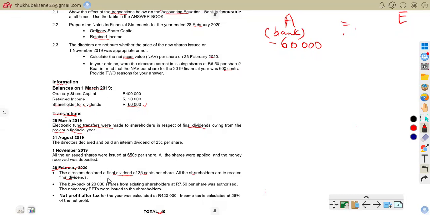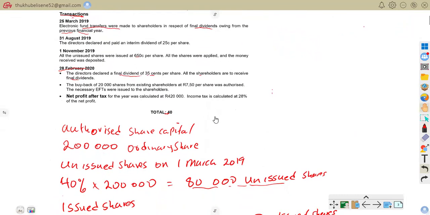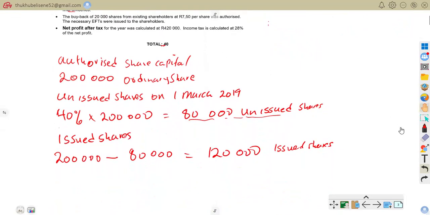So what we are trying to say here on our calculation is that the final dividend declared was 35 cents.